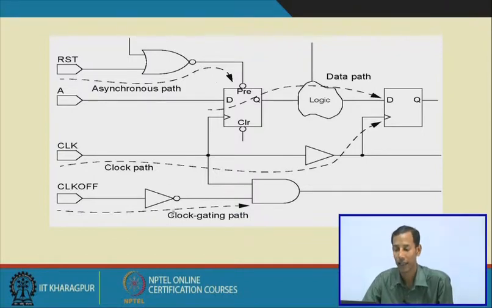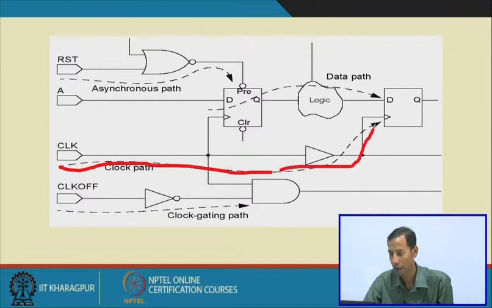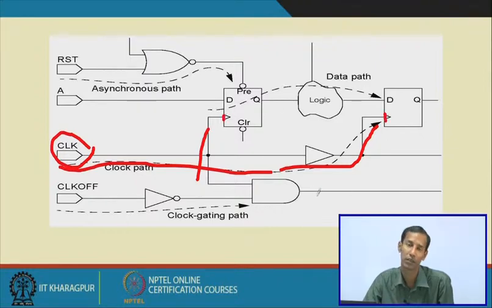Then the clock source has been connected directly here, and in the second flip flop it passes through an inverter. So, this is also the clock path, where this clock port is connected with the corresponding pins of the sequential elements which are present in the current design.